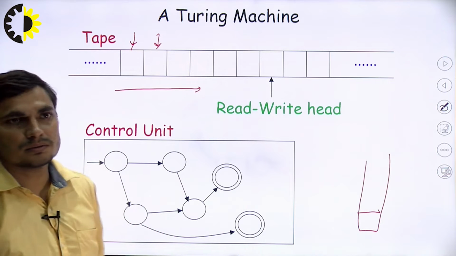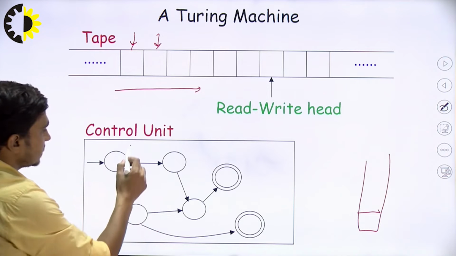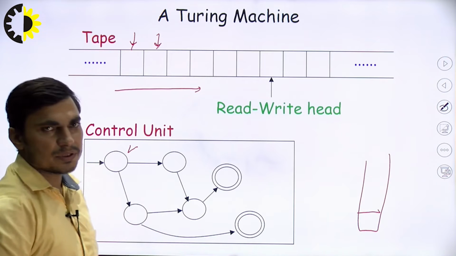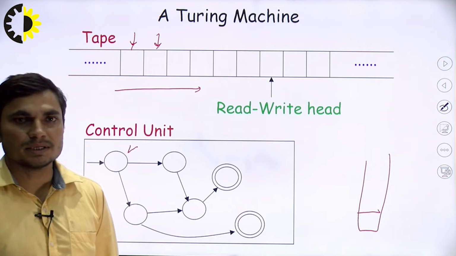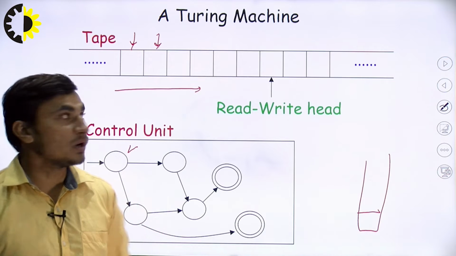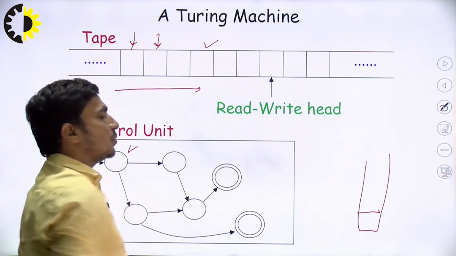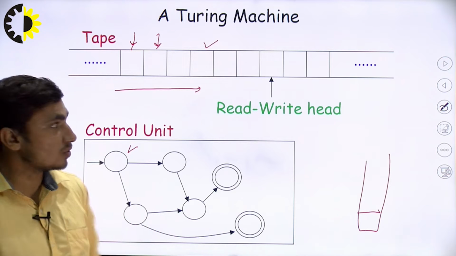The control unit contains certain states, and every time we read certain input, we write a certain symbol onto the tape. So there are basically two operations that happen on this tape.